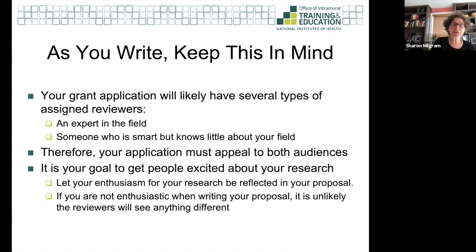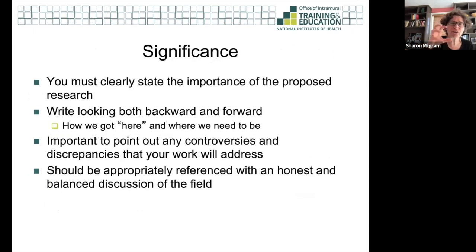If I don't make it clear how significant that is, how will an expert who doesn't know much about CF decide how important that is? So you are trying to put together this section, keeping in the back of your mind that you want to make it really easy for the reviewers to decide what is important, what is significant, what is exciting. And that starts by putting together a really strong significance section.